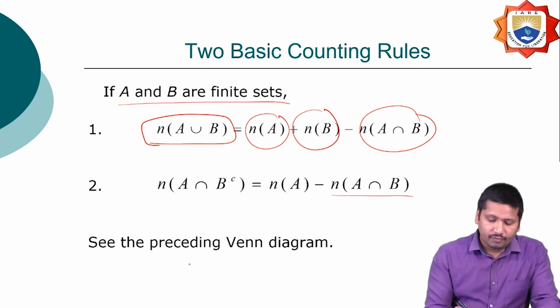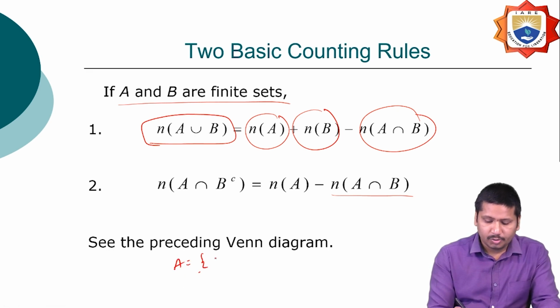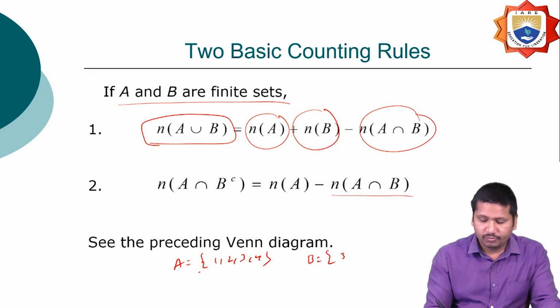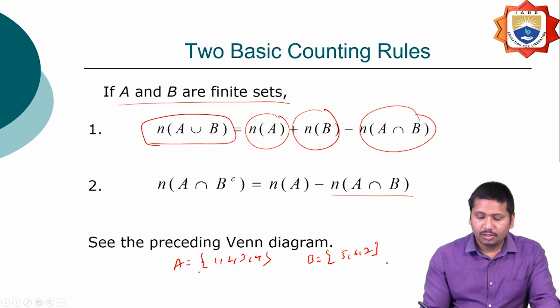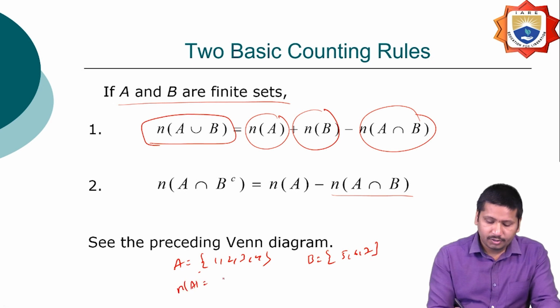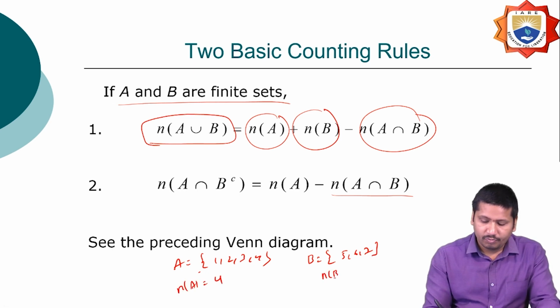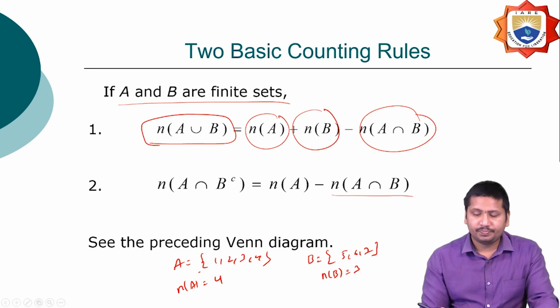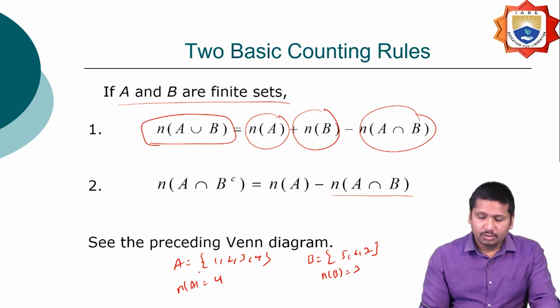Okay, suppose I give some values. I can construct this, right? A is 1, 2, 3, 4, and B is equal to 5, 6, 7. So what is n of A here? 4. n of B here? 3. Now I want to find A intersection B, which should be 0.